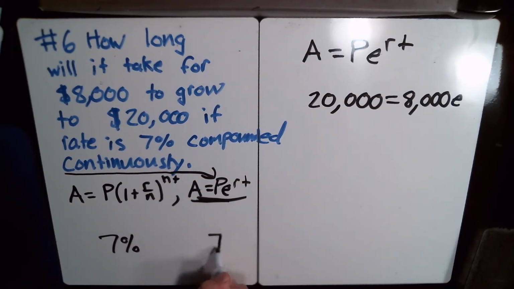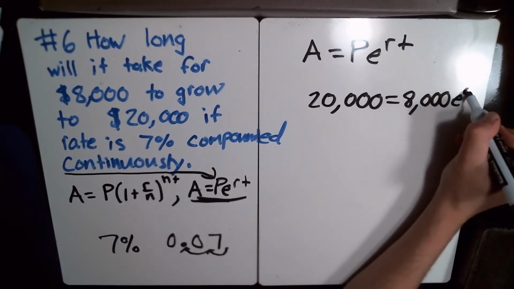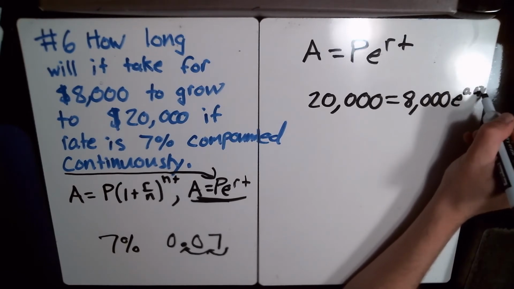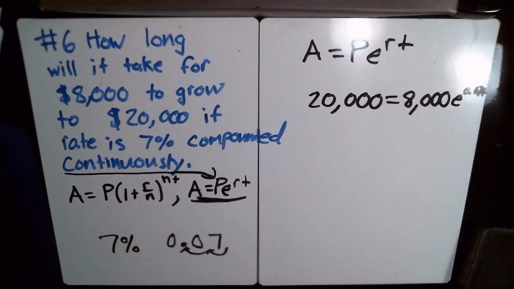To convert it to a decimal, you move the decimal place over 2 places, so there's going to be a 0 there. So it's 0.07t.